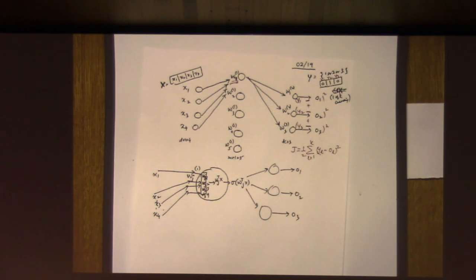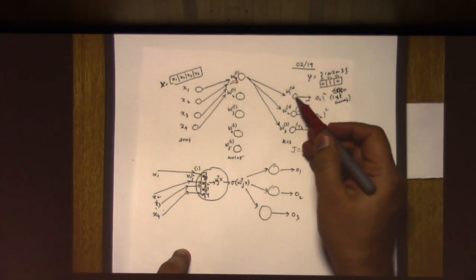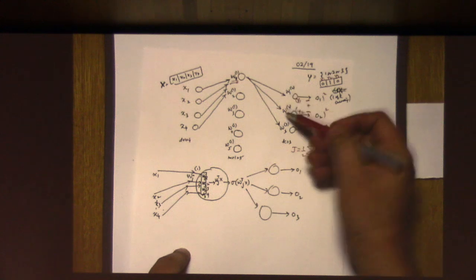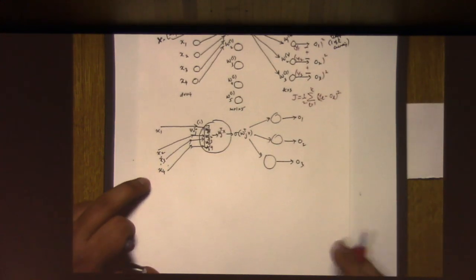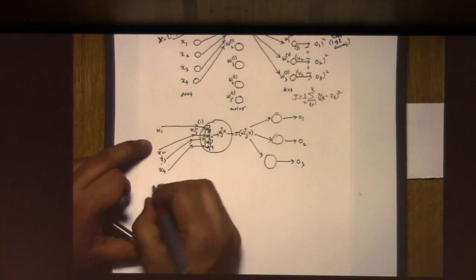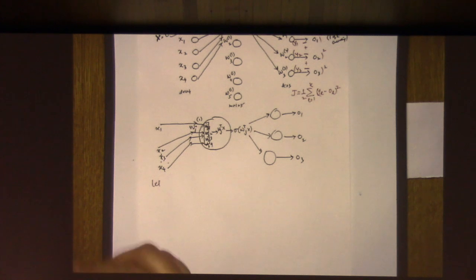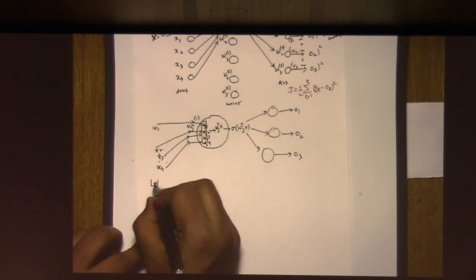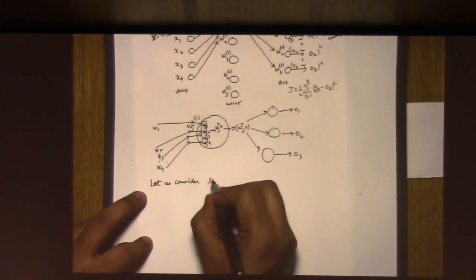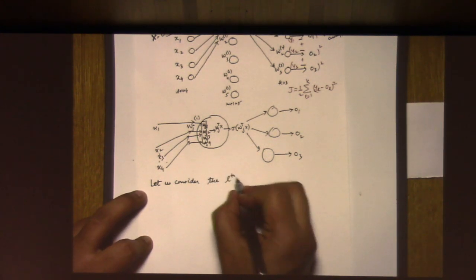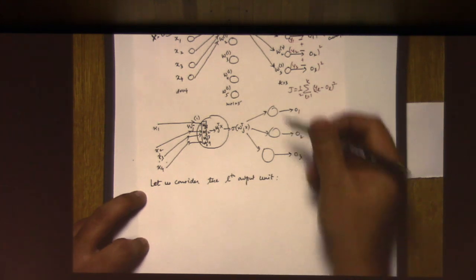Okay, so now we need to know how to compute the gradient, the derivative of this, with respect to any weight vector entry here, right? So let us consider the Lth output unit, which is over here.